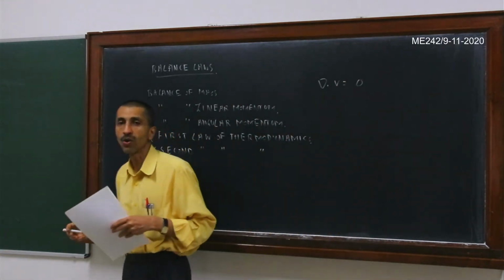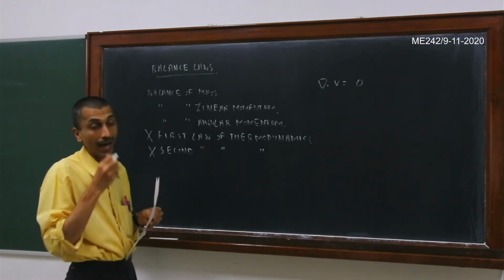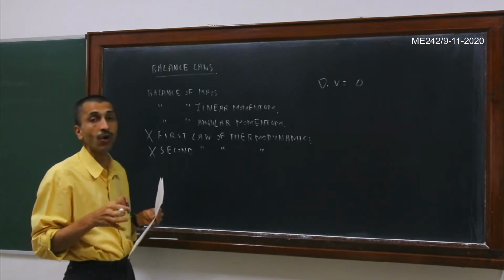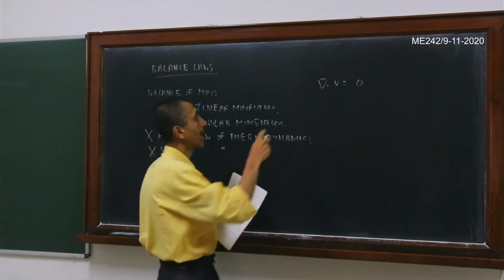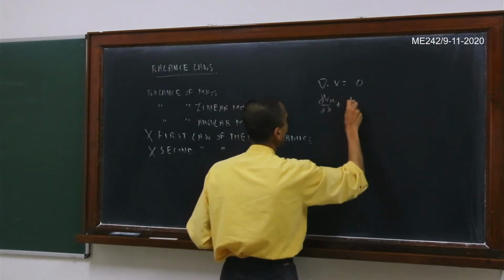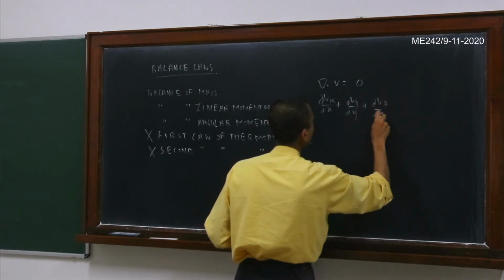So our goal will be to derive these equations in tensorial form, and then when we are solving a particular problem, then at that time we will invoke a coordinate system. Okay, so in the Cartesian system this will be written as del Vx by del x plus del Vy by del y plus del Vz by del z is equal to 0.